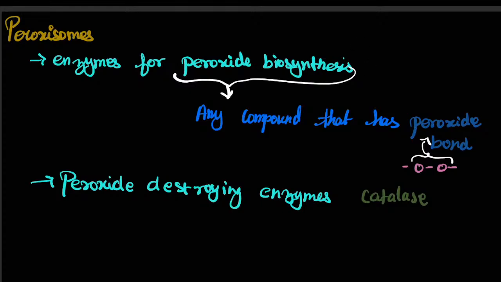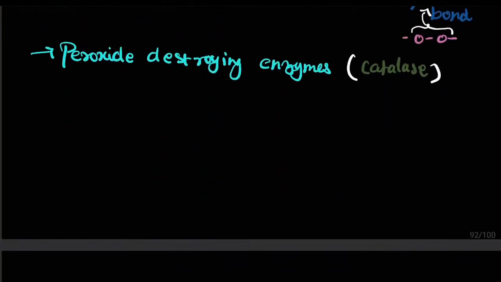Then also glycolate oxidase. You can say this is your example. And also one more thing: the very common question is why is it quite common in the photosynthetic cells where they perform photorespiration?